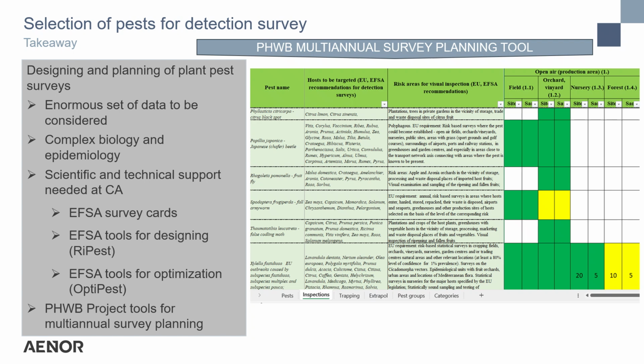Those applications, RePest and OptiPest, are under development, and even after they are completely developed, the output of our multi-annual survey planning tool can be used for import into the EFSA applications.